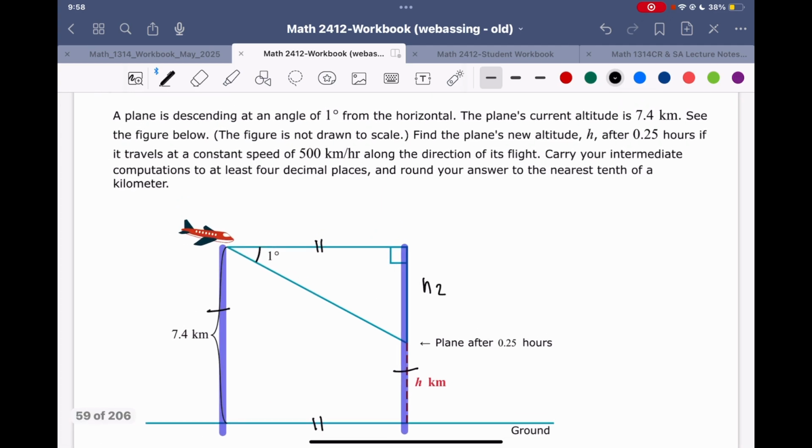So we also need to know that we're going to use distance equals rate times time. And in this case, your rate is 500. Your time is 0.25.